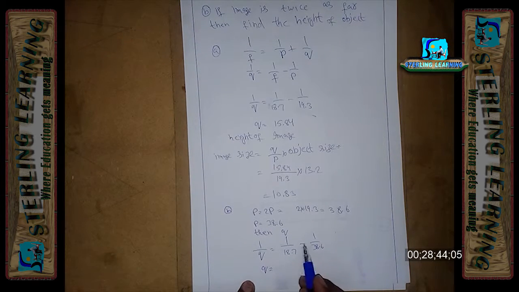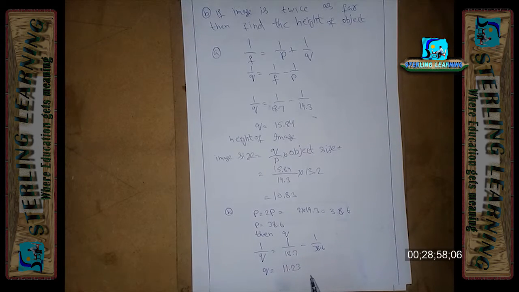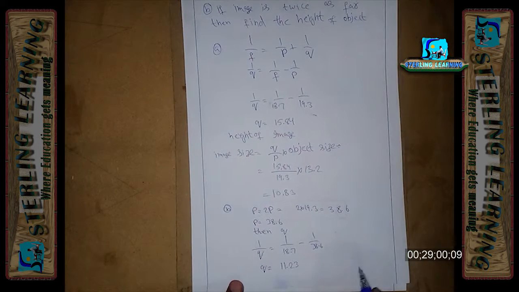We calculate the new q because when we change the object distance, the image location also changes. So new q becomes 11.23.